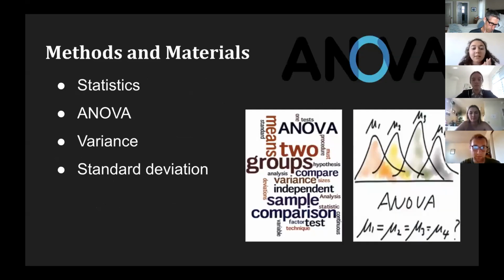So this study was heavily based on statistics. ANOVA was the statistical technique used to determine the different results, and they analyzed all these results and put it into a table, and then the tables were all translated into a bunch of graphs.